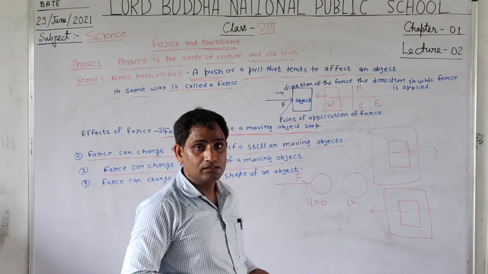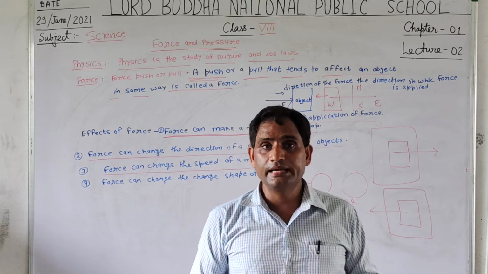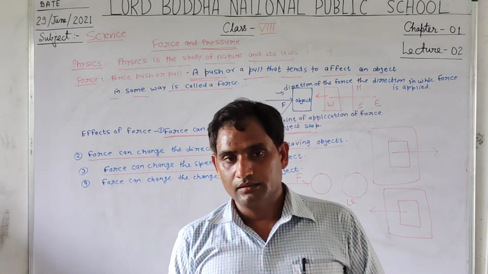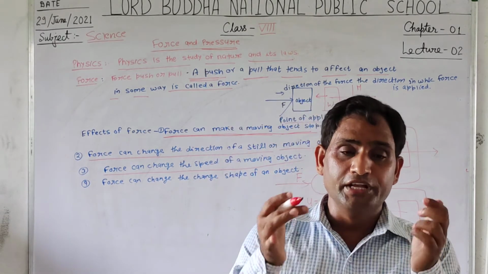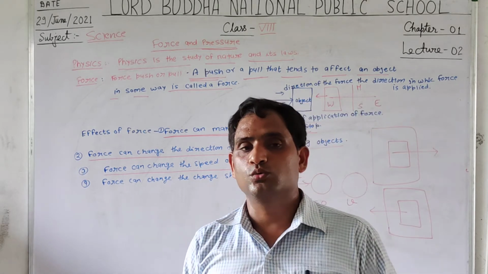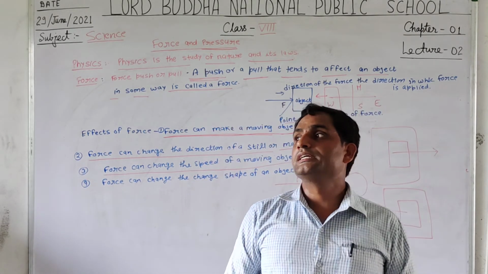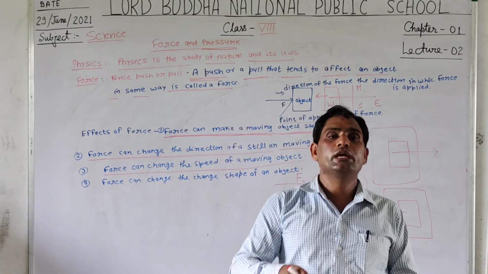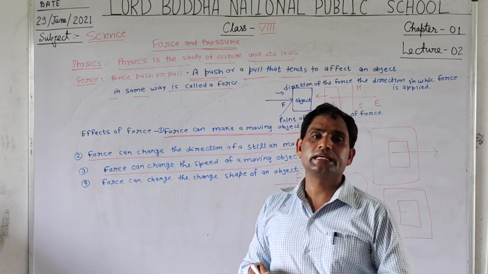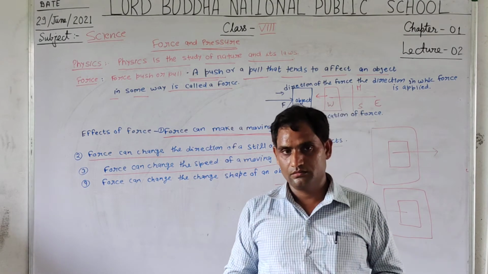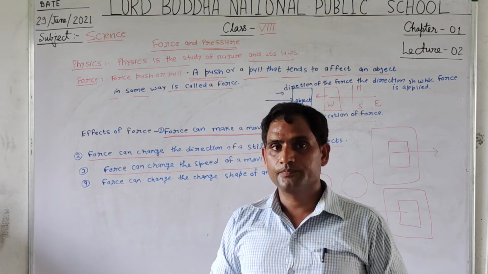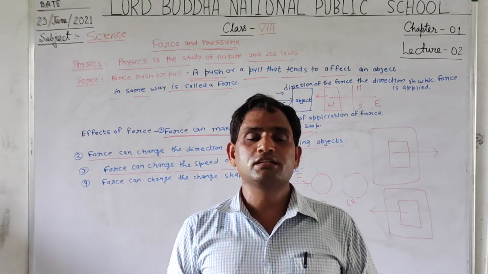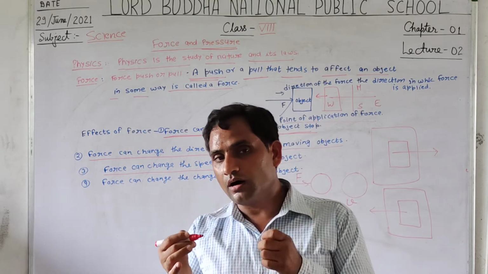In the second condition, force can decrease the speed also. If there is a running object and we apply force in the direction opposite to its motion, then the velocity or speed of the object will decrease.